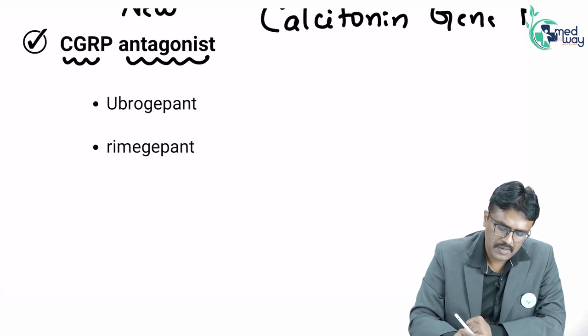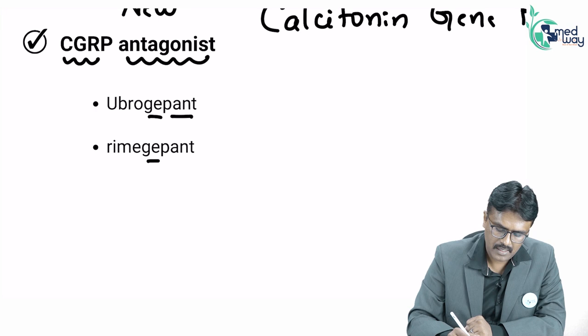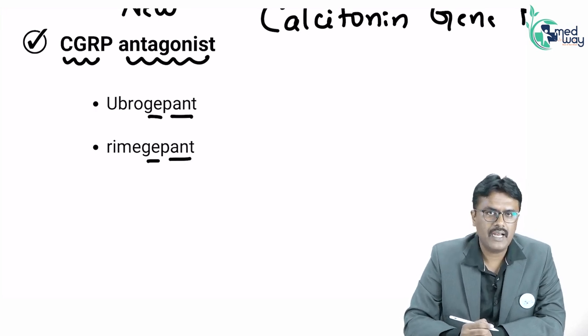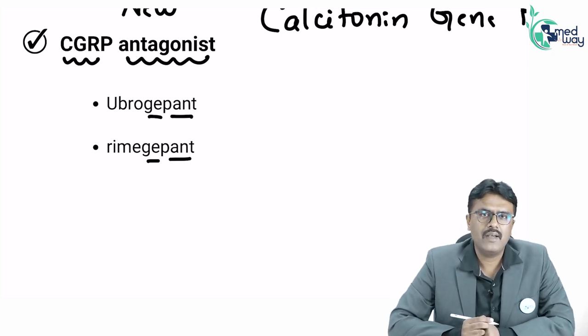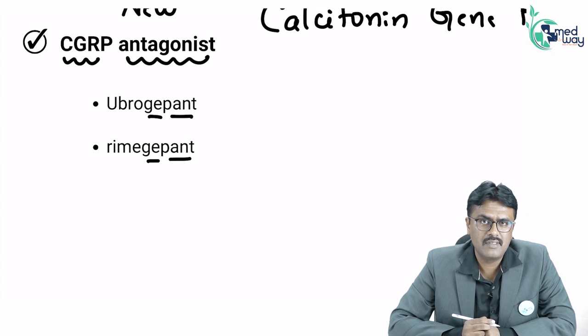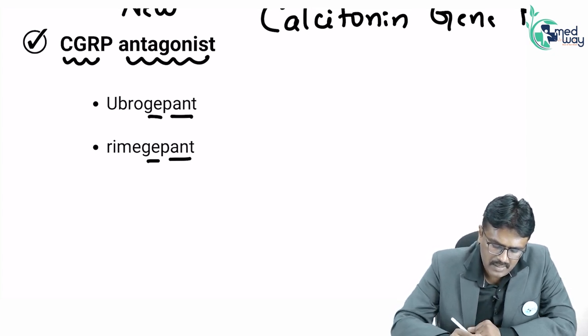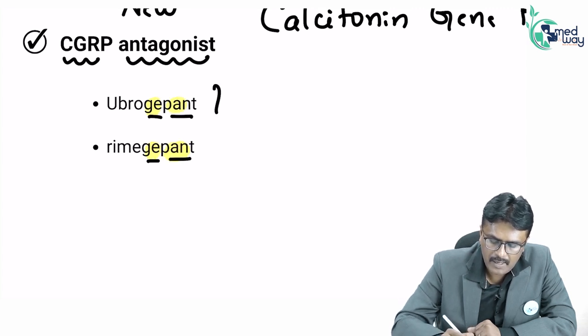The names end with gepant. Gepant. You know a cricket player called Rishabh Pant? Yes, Rishabh Pant comes in an emergency whenever the India batting collapses. Headache comes, then Pant comes to the rescue. Similarly, we have the gepant drugs, which are used in attack of migraine.